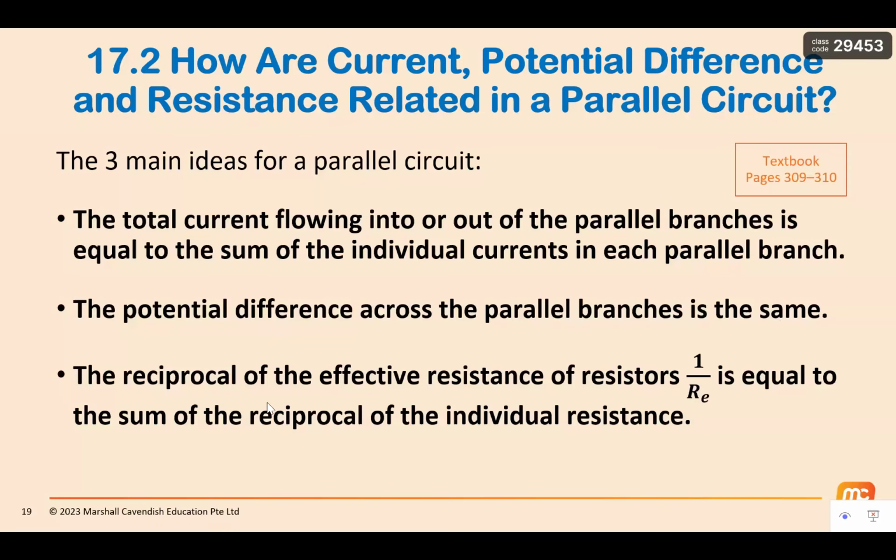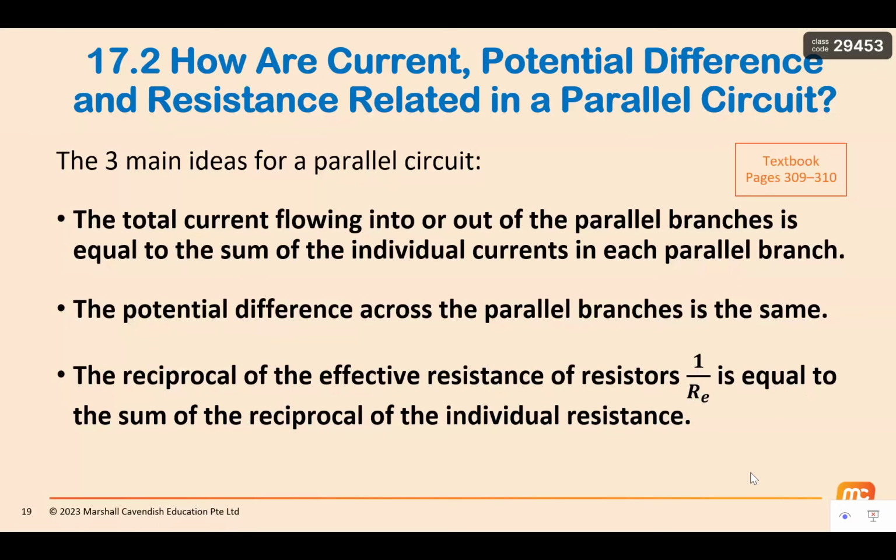And lastly, for series circuits, the total resistance will just be the sum of the individual ones, R1 plus R2. But for parallel circuits, we always take the reciprocal for the effective resistance. So it's 1 over R equals 1 over R1 plus 1 over R2.